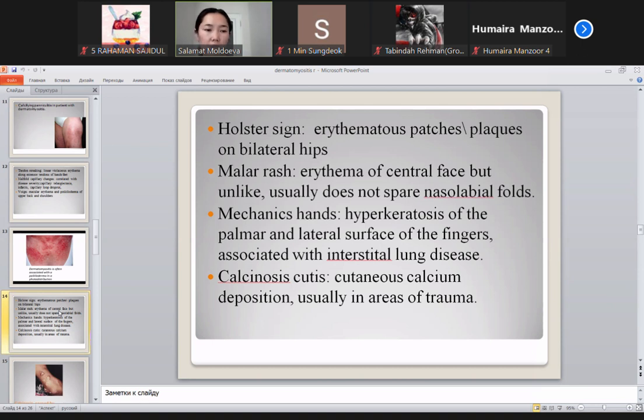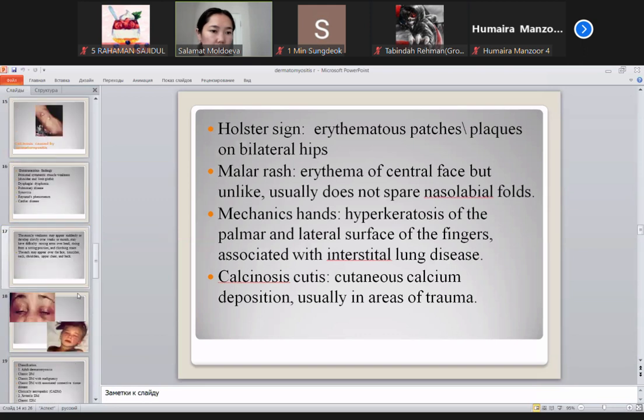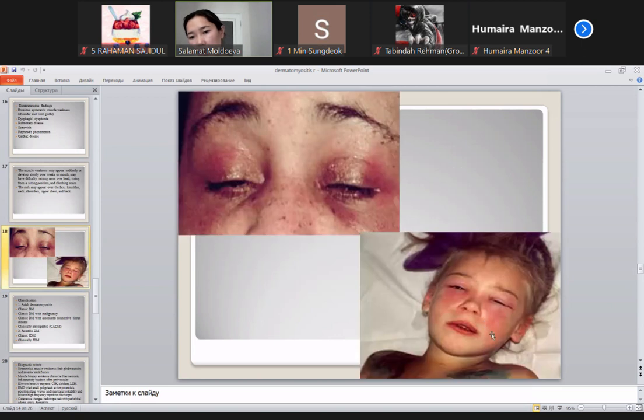Next change, it's malar rash. If you remember, one second, I will show you this patient. Look here, a little bit. No, it's not malar. Purple, red color with edema here. Here without edema, it is a heliotrope rash symptom. Malar rash is different.